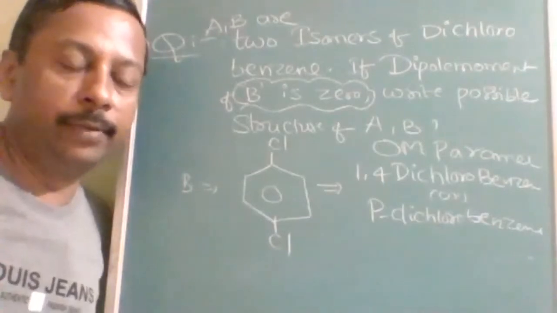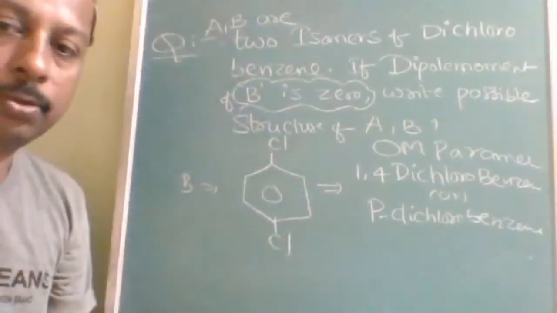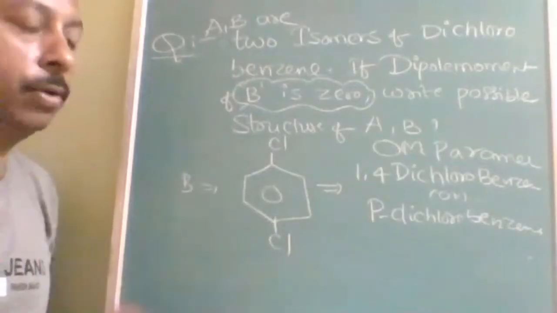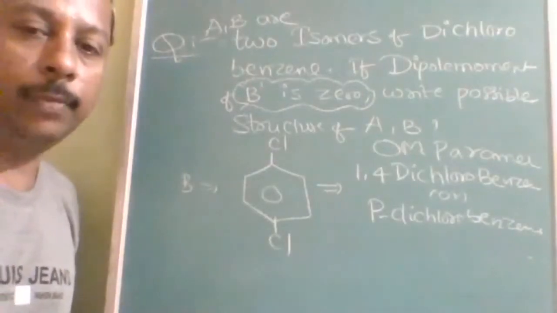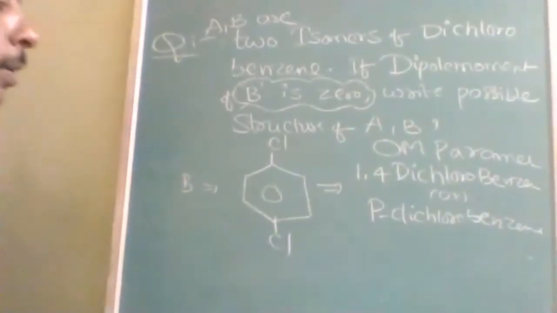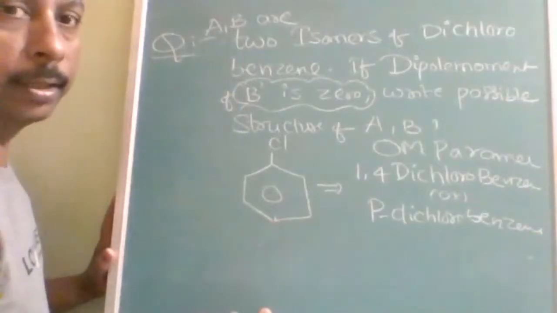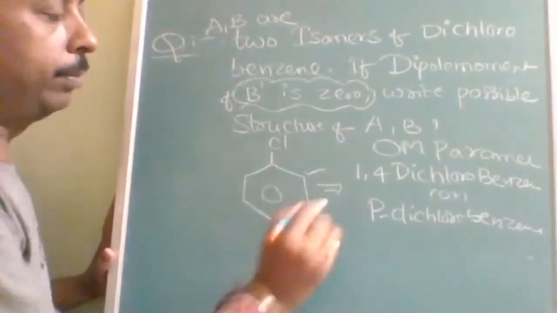Now, we are not sure about the structure of A. There are two possible structures. Note this down. So this is about B. Now, for A, the chlorine should not be here. It can be here, it can be here.